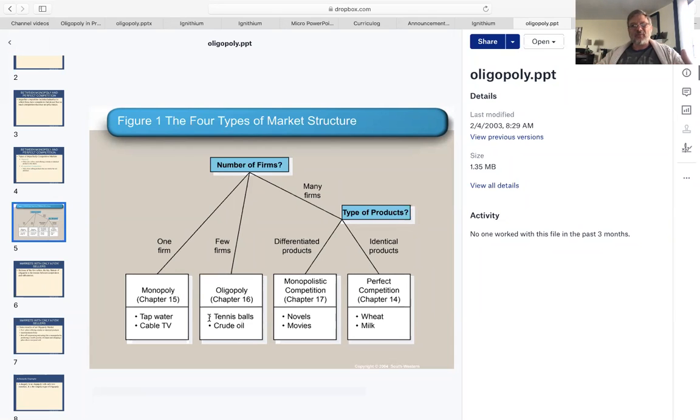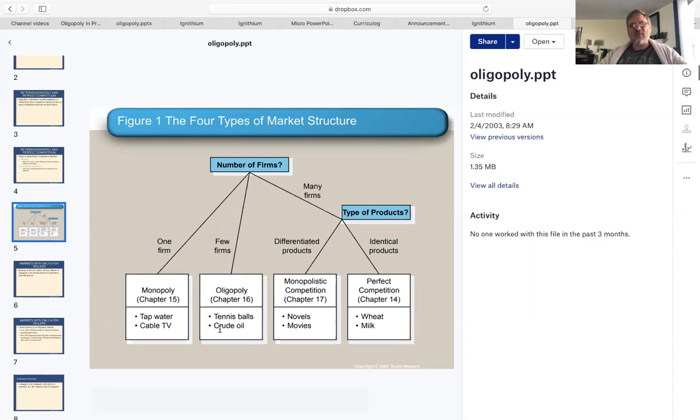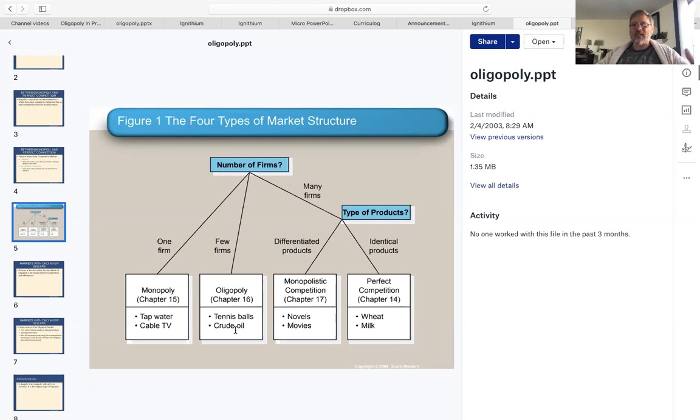Is there really a big difference between Wilson and Penn? I don't know. Crude oil, certainly not. Do you care if your crude oil is pumped out of the ground by Exxon or Mobil or Conoco or Phillips? They're the same. Things at an industrial level, like corn and rice produced by different farmers, are largely the same.